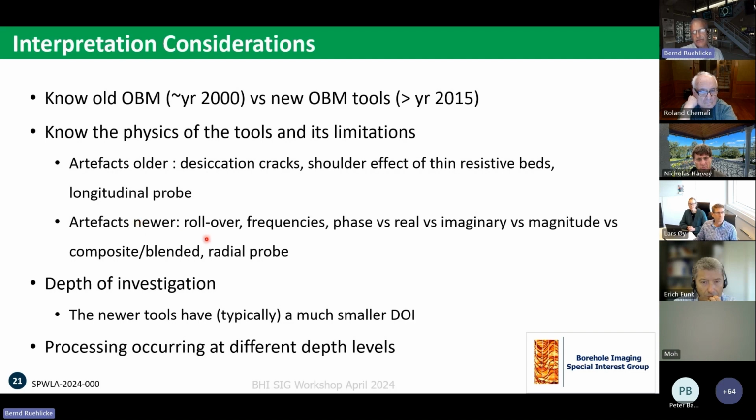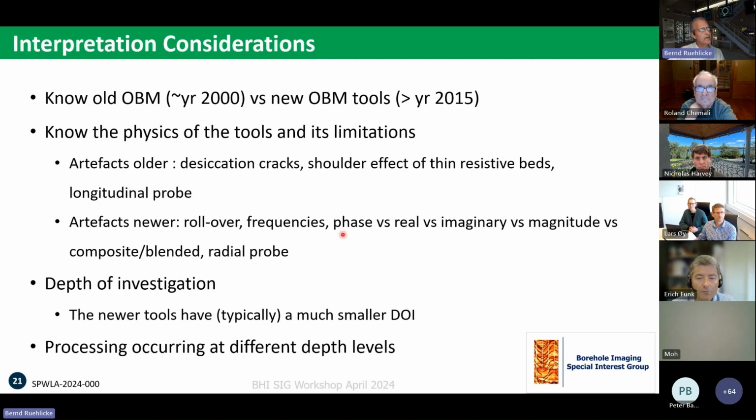The classic rollover effect, which Peter was showing, happens if one of the frequencies or all of the frequencies start rolling over as you get further and further out, meaning that the tool starts seeing the opposite direction than the actual resistivity of the rock. And then we also have more frequencies.